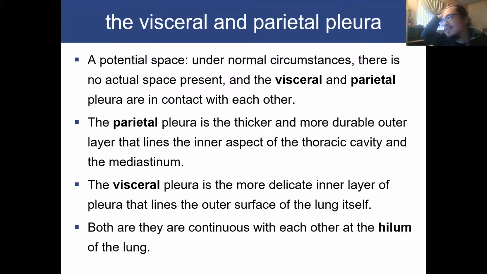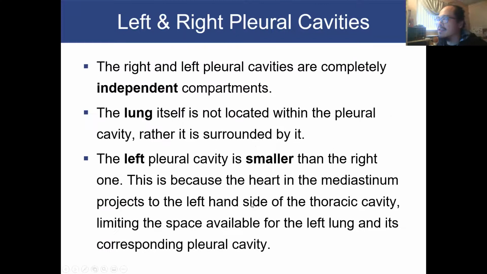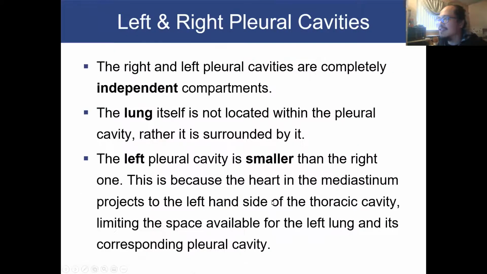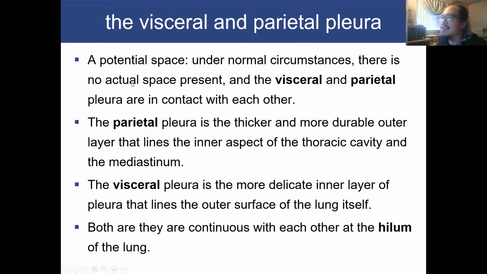Here is two. Basically, what we just said right here, I just put the text here so you can know. The pleural space, or pleural cavity, is the space between visceral pleura and parietal pleura.